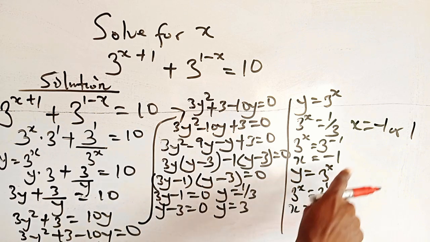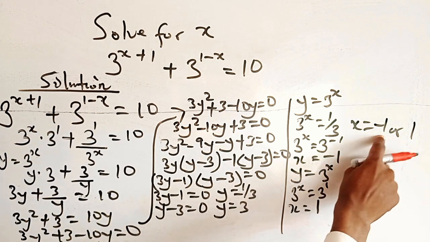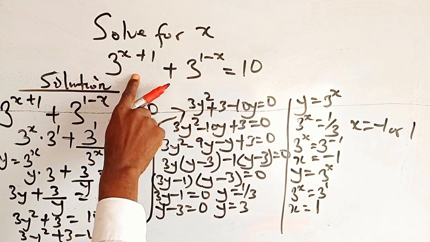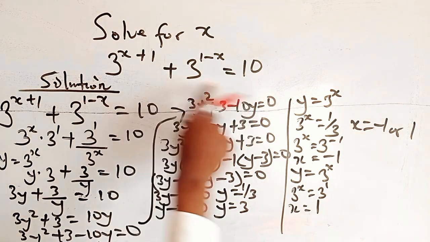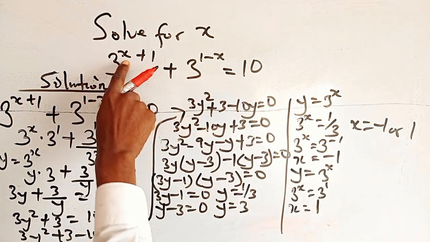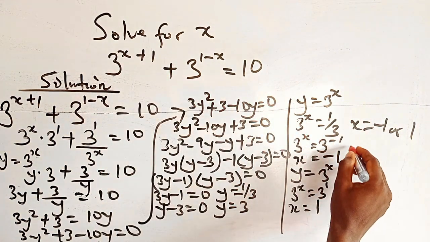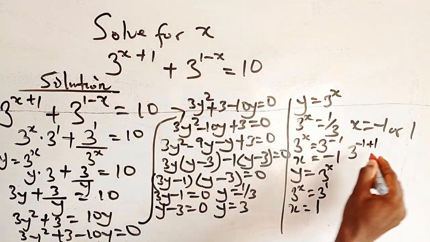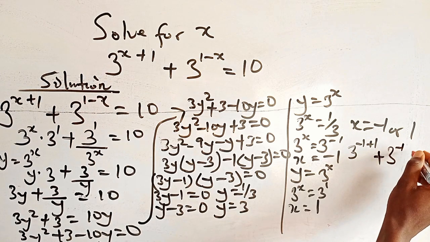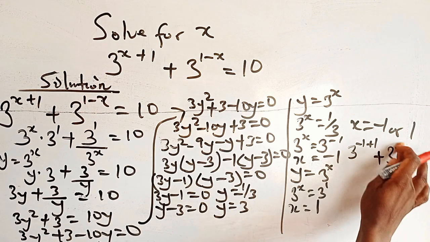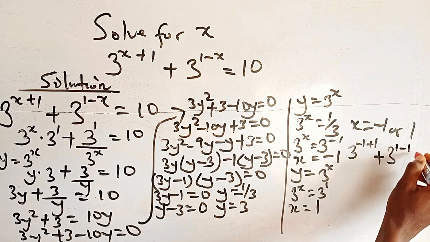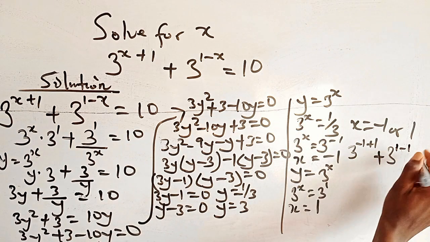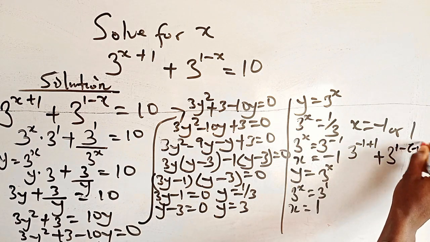Now let's check either of these values in this equation; we are going to have 10. Let's work with minus 1. When x is minus 1, we have 3 raised to the power minus 1 plus 1, plus 3 raised to the power 1 minus minus 1.